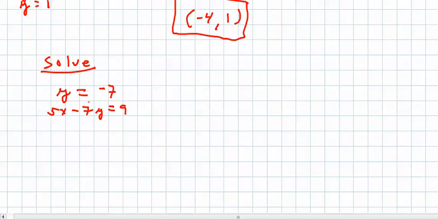All right, I have to solve one equation for one variable. That's right there. And now I'm going to substitute into my other equation.